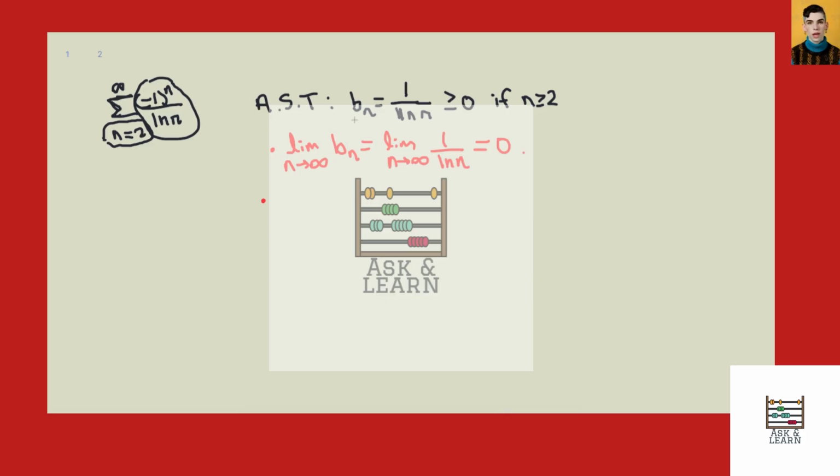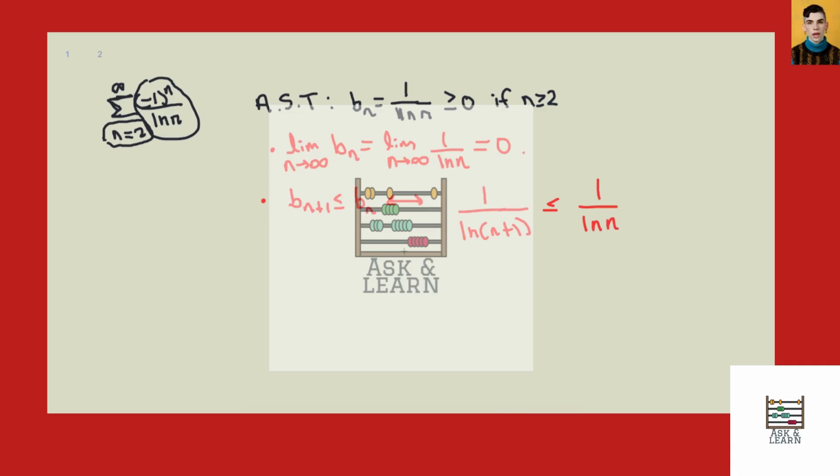We need that the Bn's are decreasing. So we would want to show that this is less than or equal to this. And this is equivalent to 1 over natural log of n plus 1, and then we have natural log n.